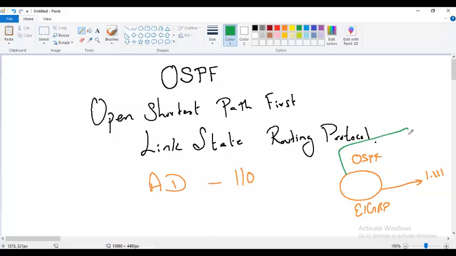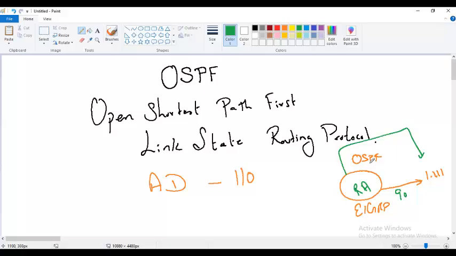Will it take the green path or the orange path? Exactly. Orange. The lower the administrative distance, the better the route. EIGRP is only 90 administrative distance. OSPF is 110. Okay, so that's the use of administrative distance.